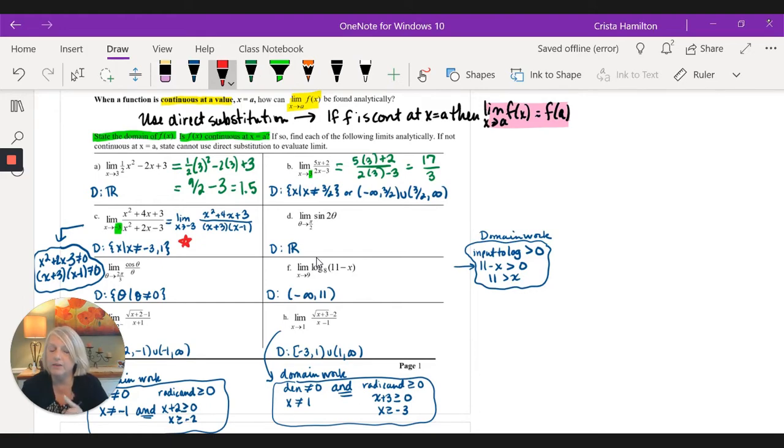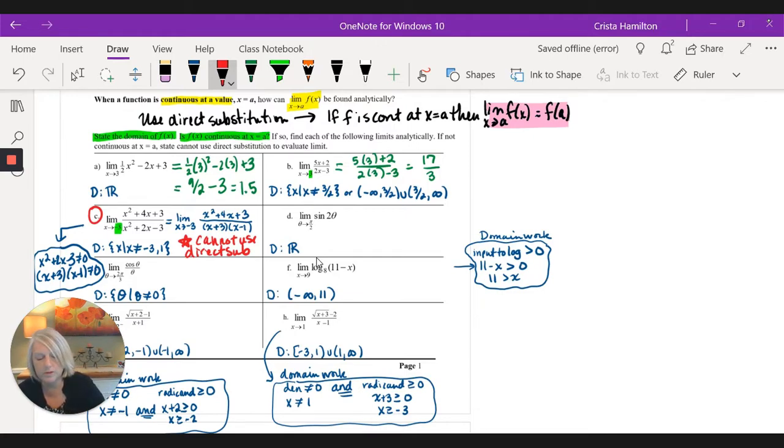Right now, if I know that I have a discontinuity there, the limit may or may not exist. What I'm looking for here is I can't use direct substitution. Cannot use direct sub. We're going to have to do something else. So we're going to come back to this in the next part of the video, because it's not that the limit doesn't exist. The limit may exist. We just need to investigate it further. And so that's kind of what we're going to look at in the next part.